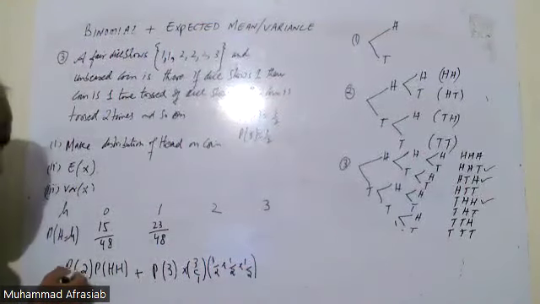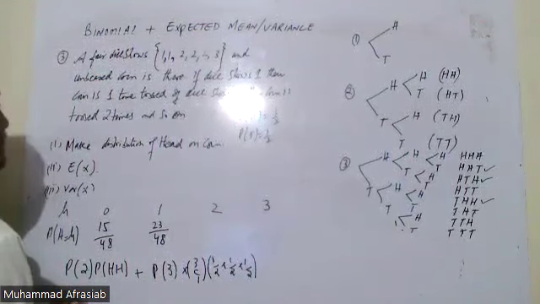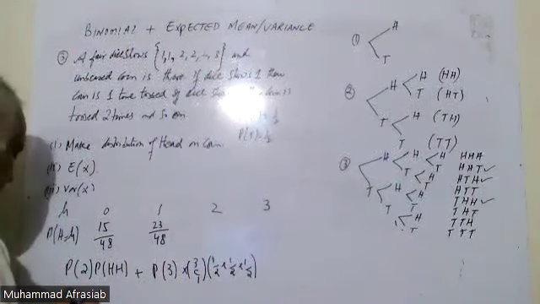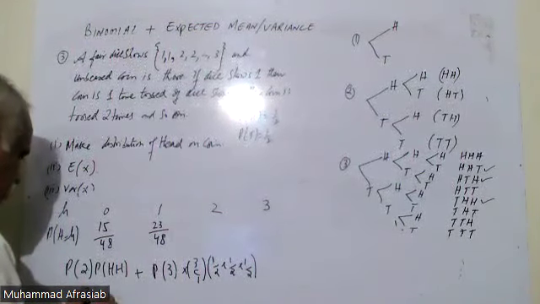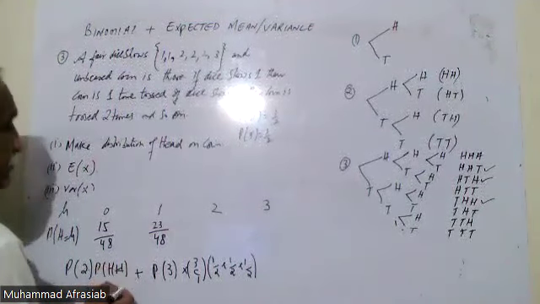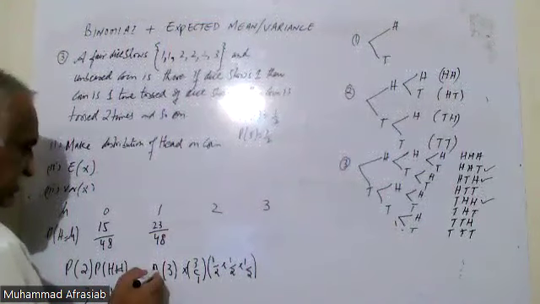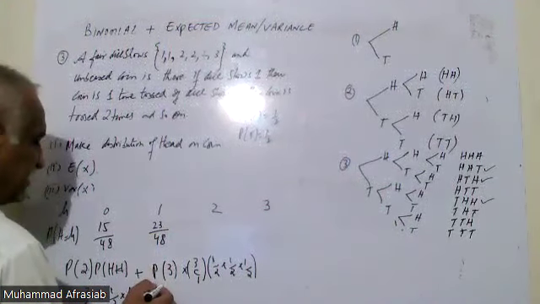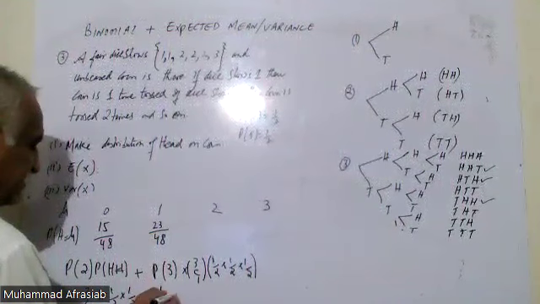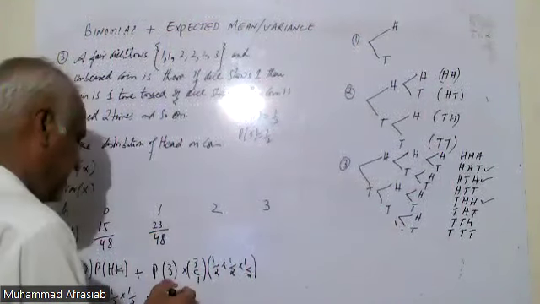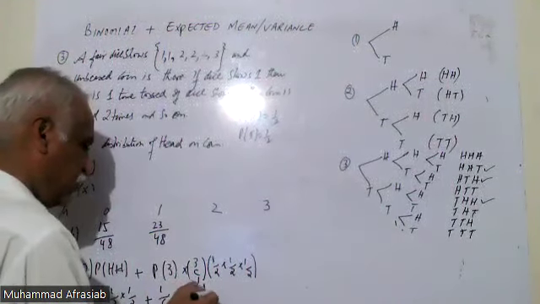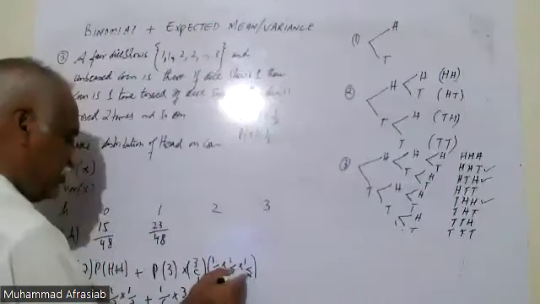So the probability of 2 is 2 by 6 into 1 by 2 into 1 by 2, plus probability of 3, which is 1 by 6 into 3C1, that is 3 into 1 by 8.